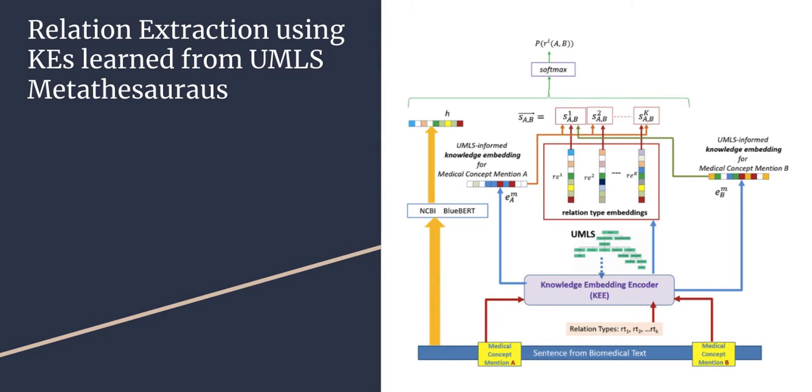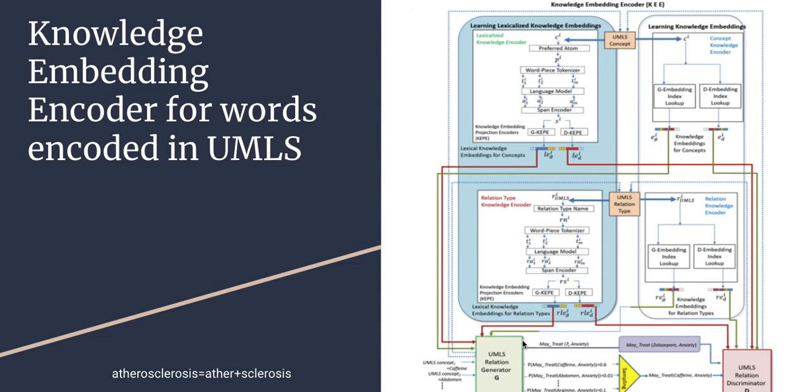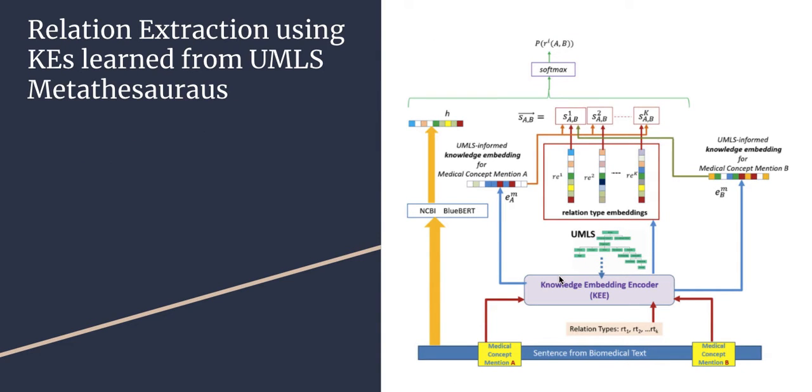Now we will come into the relation extraction using the knowledge embeddings. In this they have used BlueBERT, which I told you previously. First, let's consider this knowledge embedding encoder. For now we'll consider it as a black box.